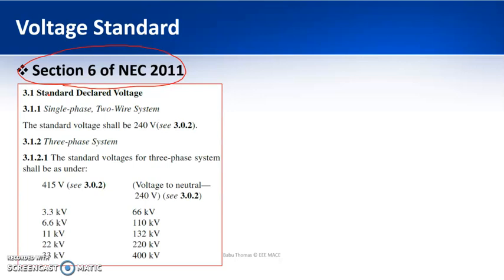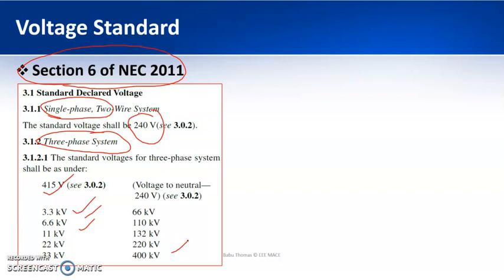It defines standards for single phase systems and also for three phase systems. The standard voltage is 240 volt in the case of a single phase two-wire system, and for three phase systems it is 415 volt, 3.3 kV, 6.6 kV, 11 kV, 33 kV and up to 400 kV.